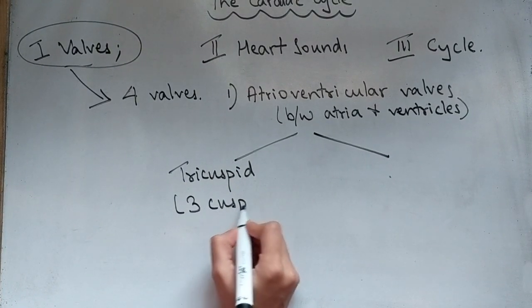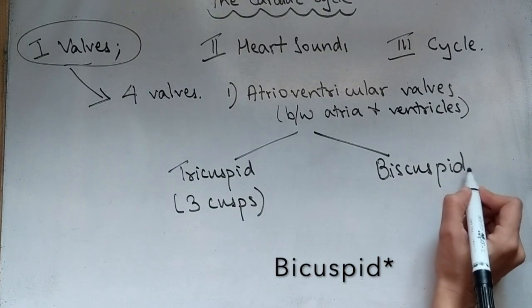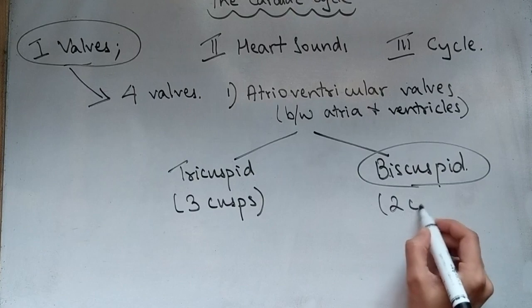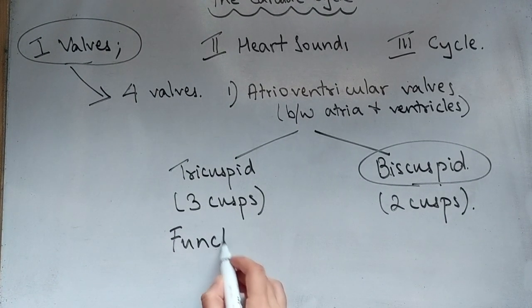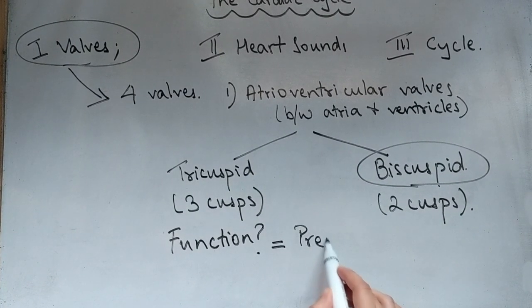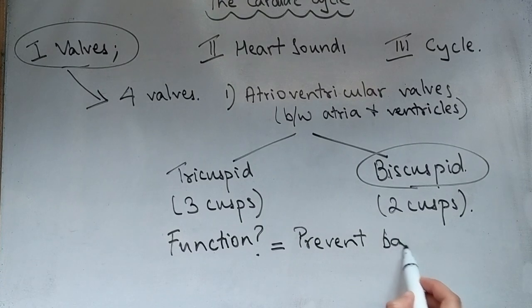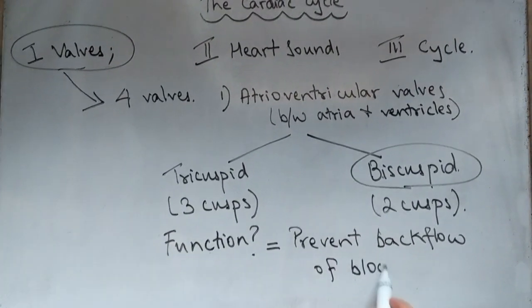Because it says tri, it's got 3 cusps, and bi has got 2 cusps that hold the valve together. So what is their function? They prevent the backflow of blood into the atrium, so the blood only goes in one direction from the atrium to the ventricles.